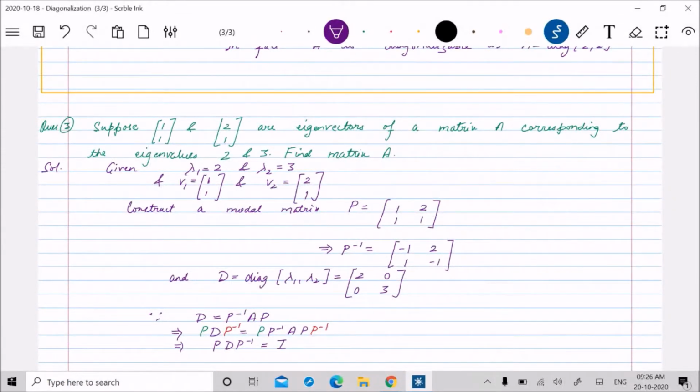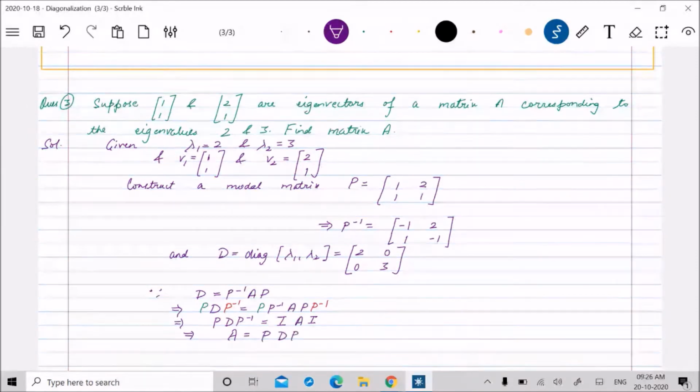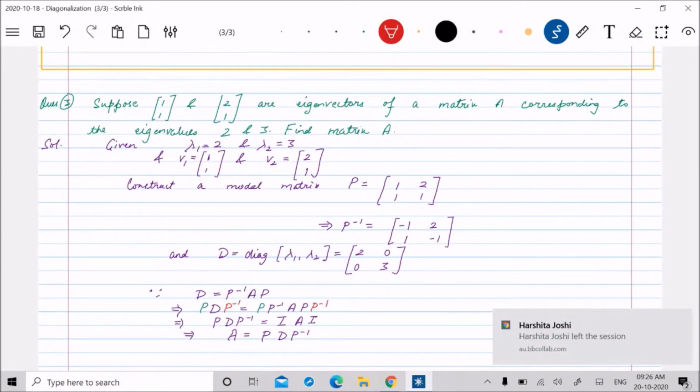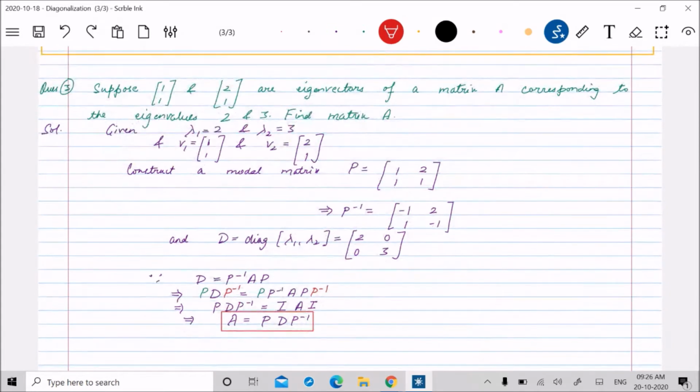So finally, it gives a new formula: A equal to P D P inverse. This is a new formula you have just derived, right? You should remember it directly, because D was P inverse A P, and this is A equal to P D P inverse. Okay, so remember this.